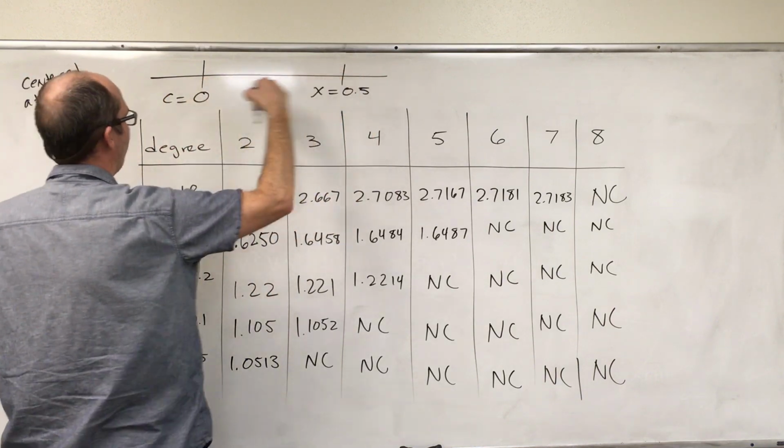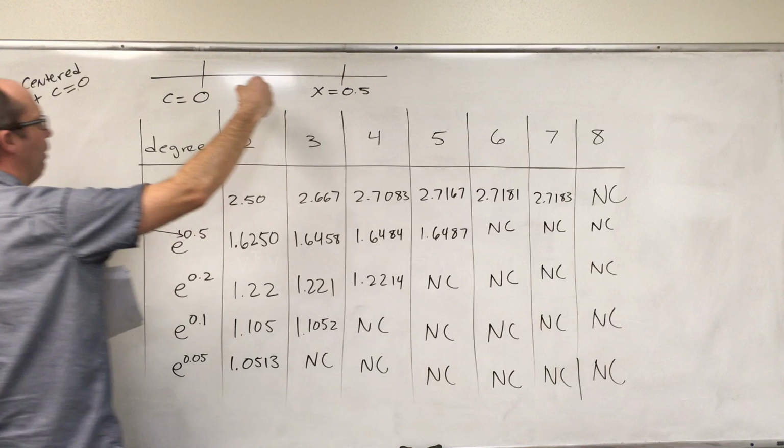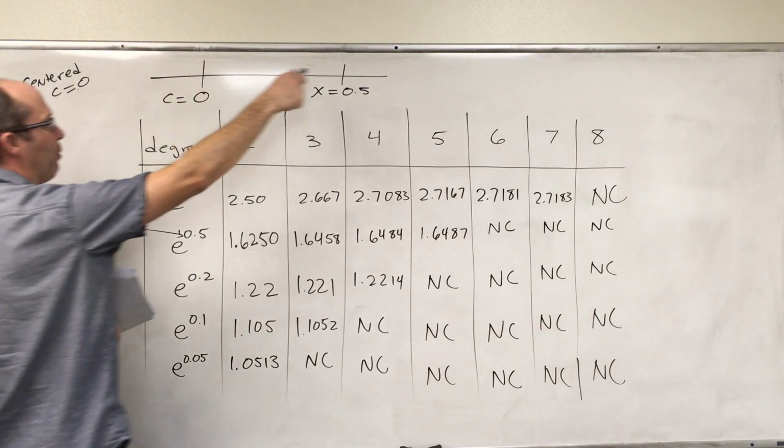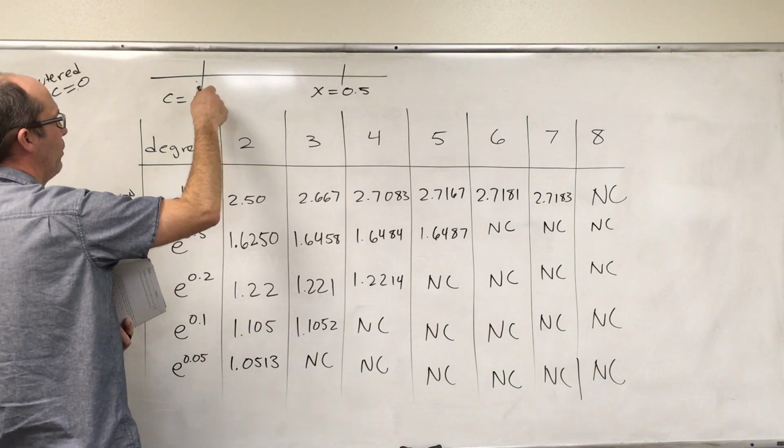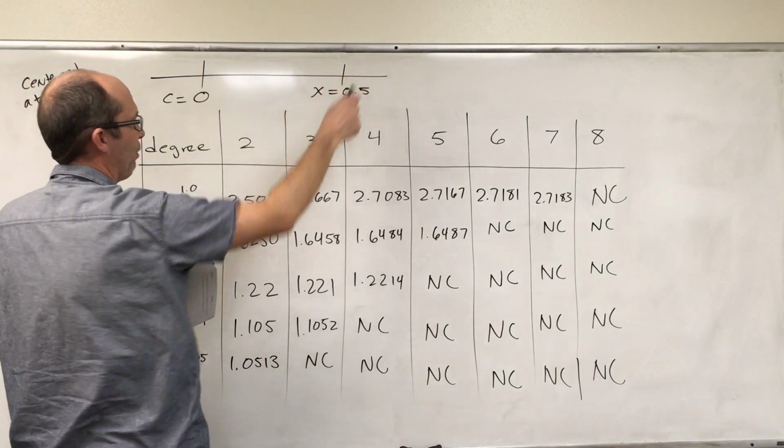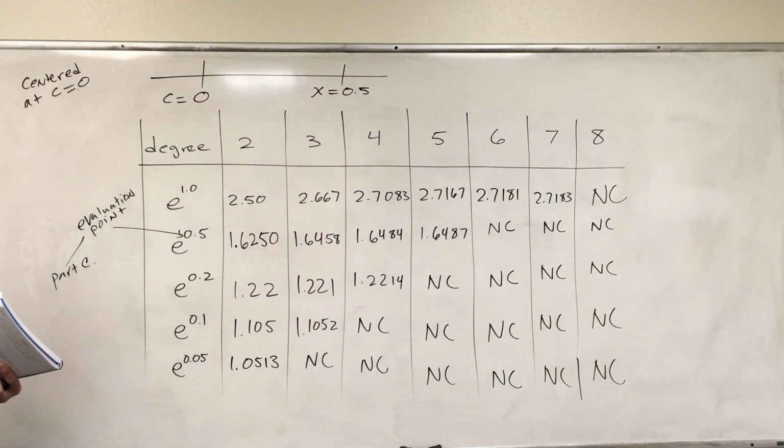How far do you have to go from here to here, right? It's about half a mile, maybe to Meridian or something. So how far do you have to go? 0.5. That's it. That's the step size.